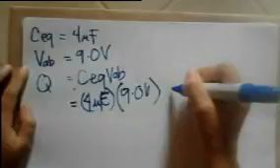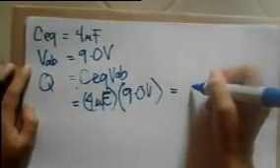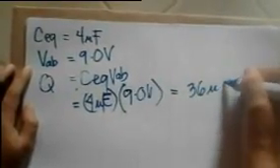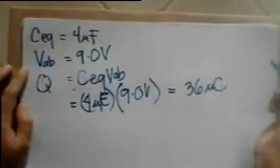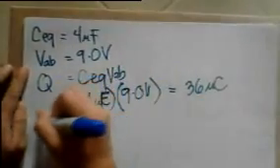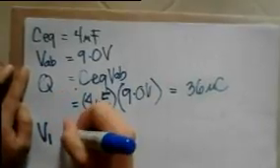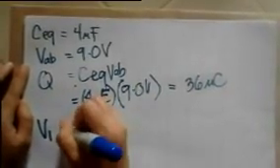So to find the net charge, Q equals C equivalent times V sub AB, or 4 microfarad times our V, which is 9 volts. So we have 36 microcoulomb net charge.